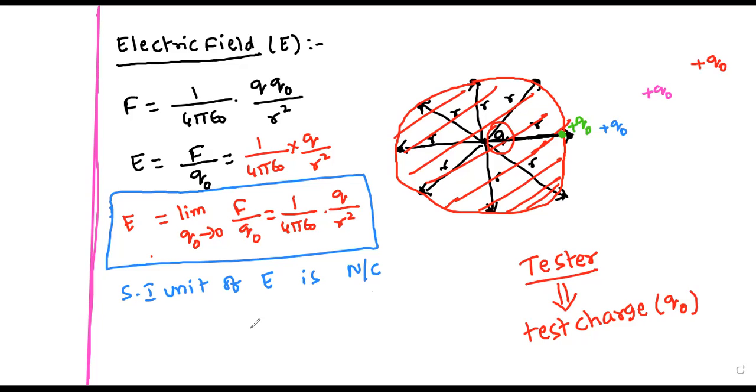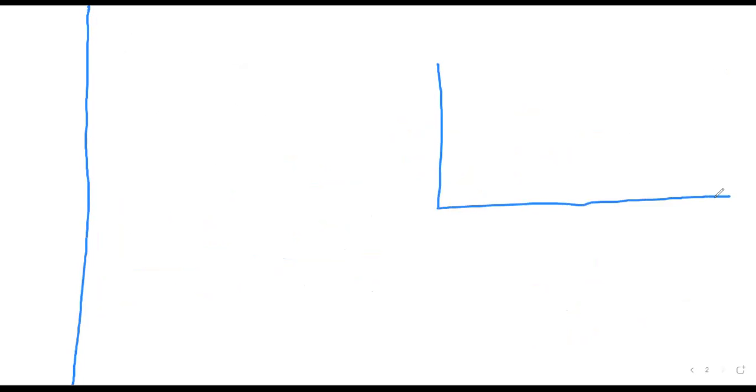Okay, fine. Suppose let us consider that I am having a Cartesian coordinate system. With respect to the origin, I am having charged particles, suppose like this, Q1, Q2 and Q3.